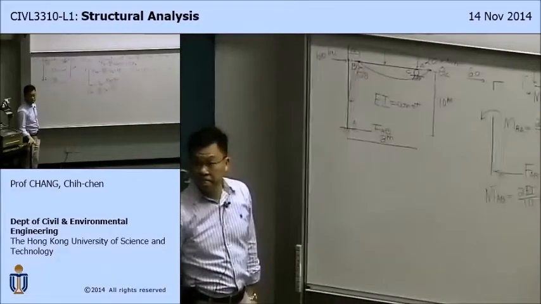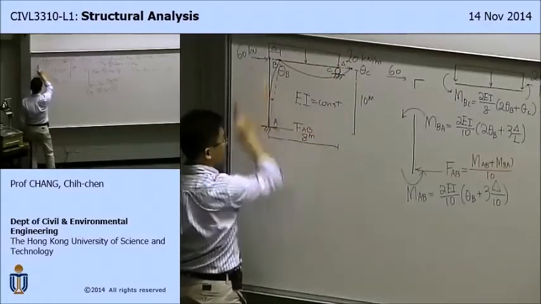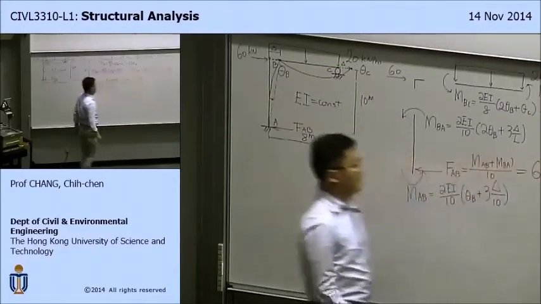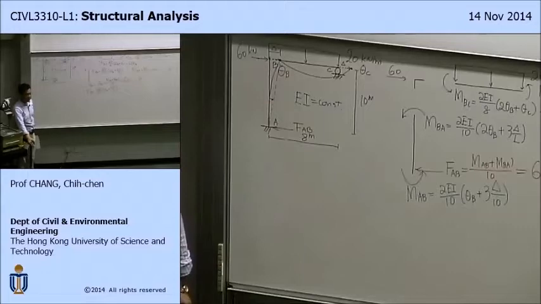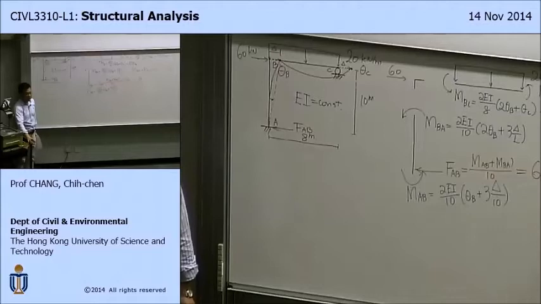And according to global equilibrium, this force should be equal to 60. That's the third equation coming out from global equilibrium. Okay? Conceptually, fine. The rest is just mathematical calculations. If you understand these, then the detailed calculation is pretty straightforward.